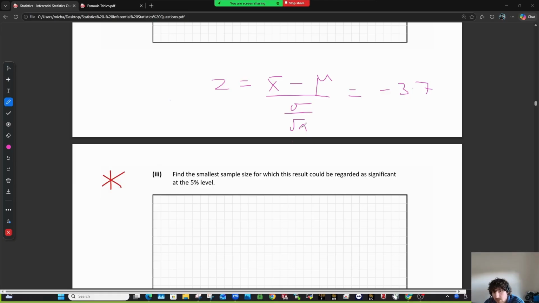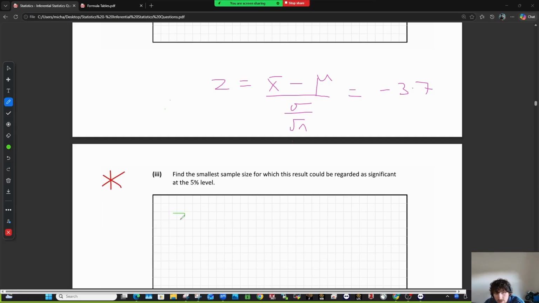I reduced it down to 20, and then we were no longer rejecting H0 because the value came in below 1.96 for a two-tailed test. So that's what we're doing here: finding the smallest sample size for which we'll actually start to reject H0.